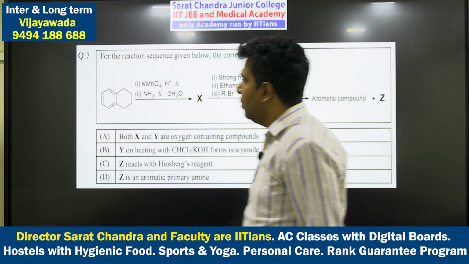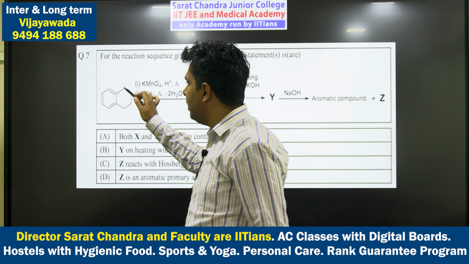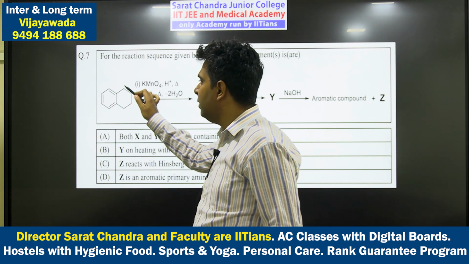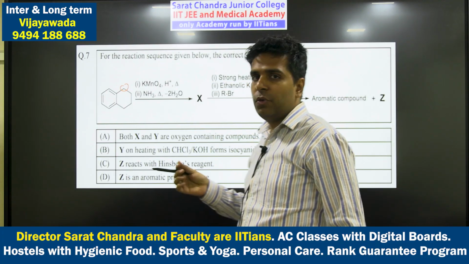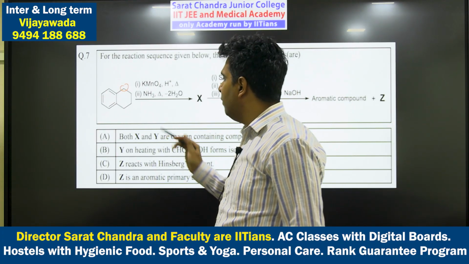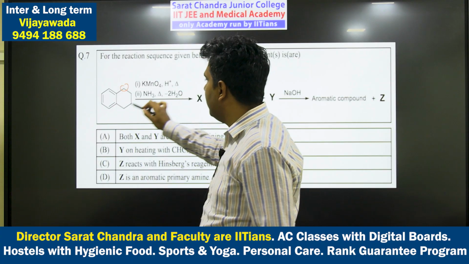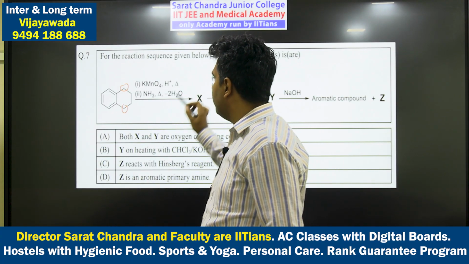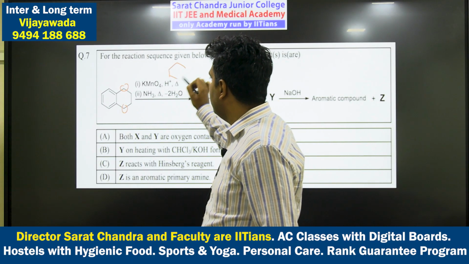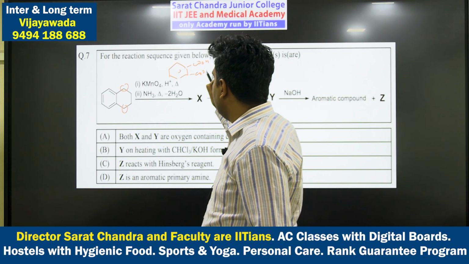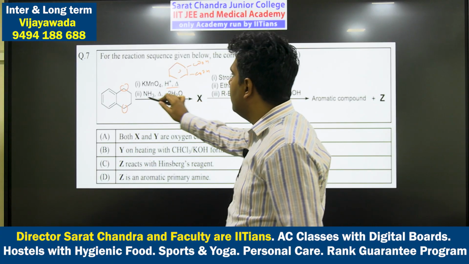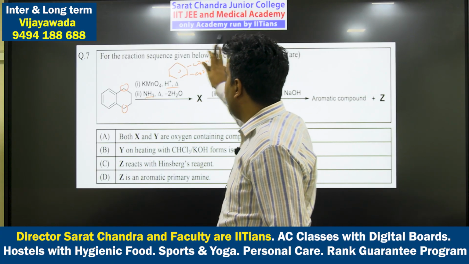KMnO4 oxidizes the side chain attached to the benzene ring. No matter how long the side chain is, as long as it has 1 alpha hydrogen, it will be completely oxidized to carboxylic acid. From both sides it will be oxidized to carboxylic acid, on oxidation with KMnO4 and acidic hydrolysis. Now reaction with ammonia, amide will be formed.